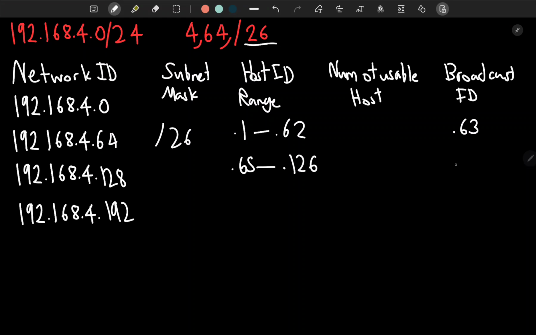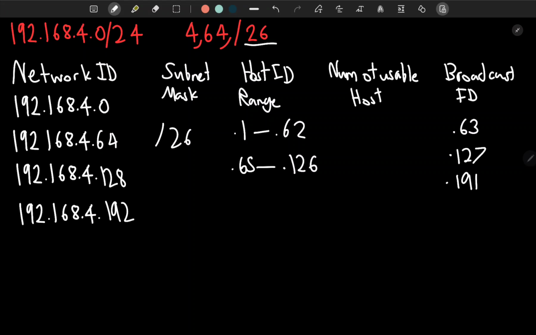Let's actually write all the broadcast IDs first, so it's simpler. So it's going to be the last IP address before the next network ID. So it's .63 over here, then .127, and the next one is .191, and for the last one we can just add the difference here.